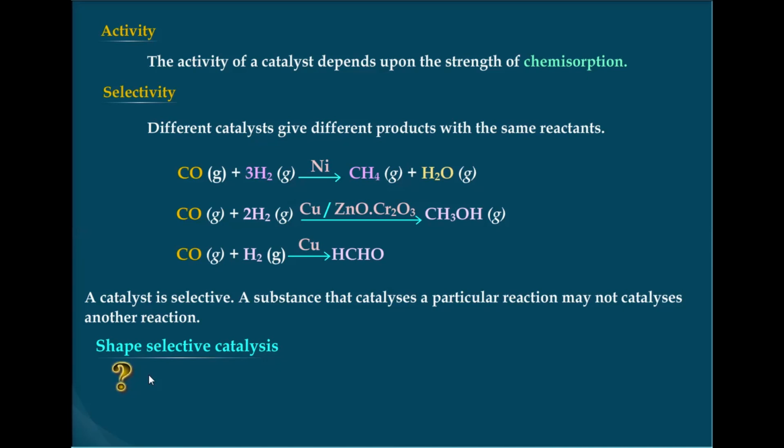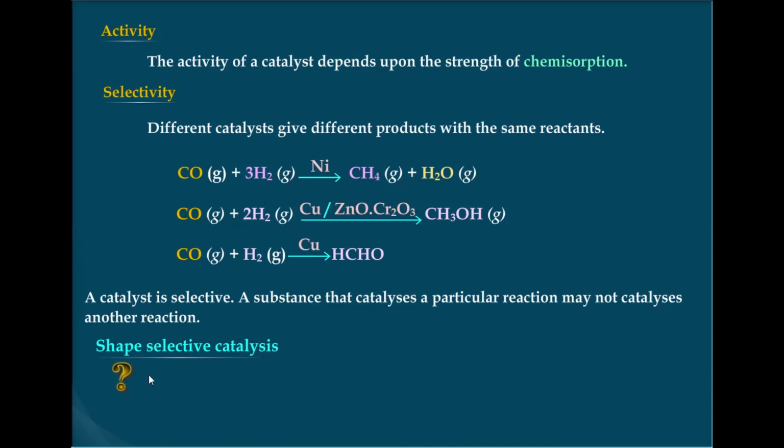The catalytic reaction that depends upon the pore structure of the catalyst and the size of the reactant and product molecules is called shape selective catalysis. That is, this type of reaction depends upon the pore size or pore structure of the catalyst and the size of the reactant and product.